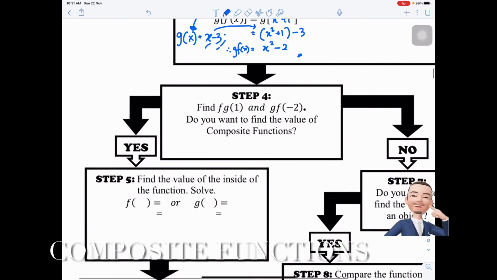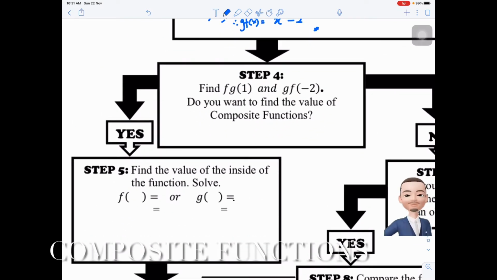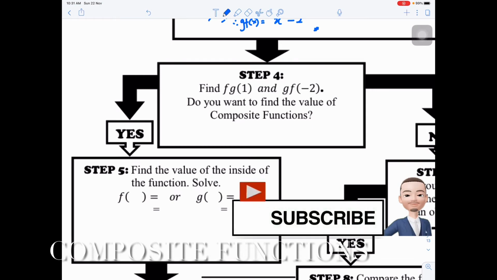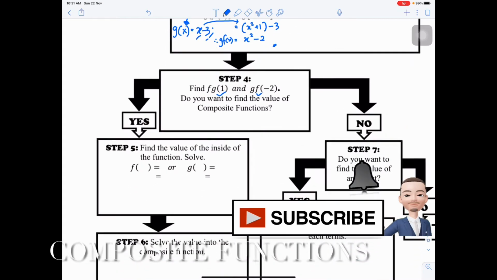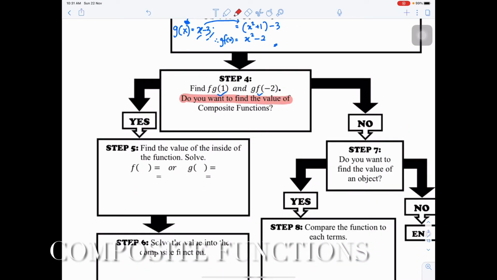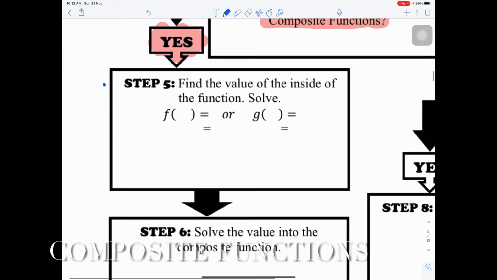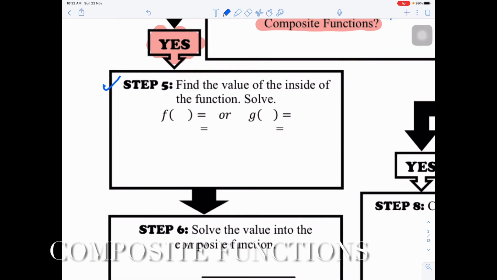Then step 4, find the value at x equals 1 for f(g(1)) and g(f(-2)). The question asks whether you want to find the value of the composite function. Of course, when there is a value for x, we want to find the value, so the answer is yes. Then step 5, find the value of the inside of the function.